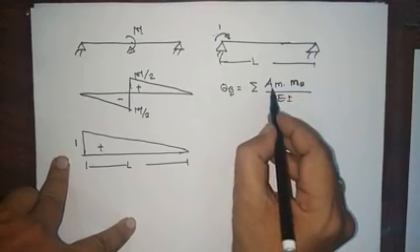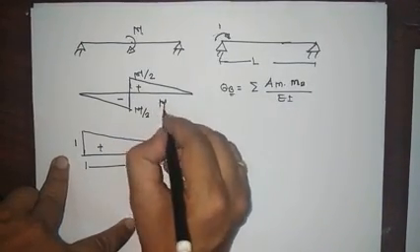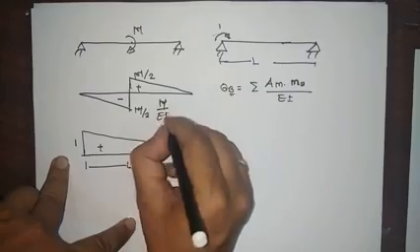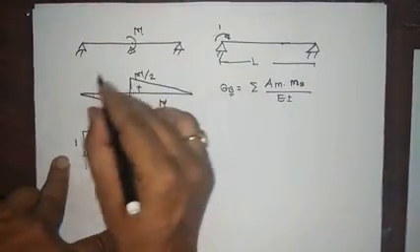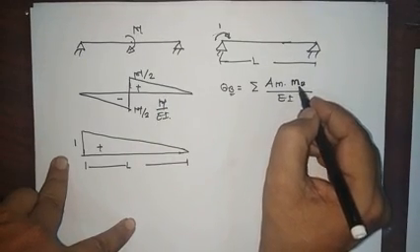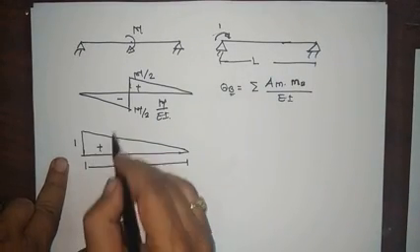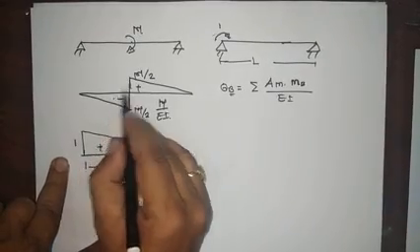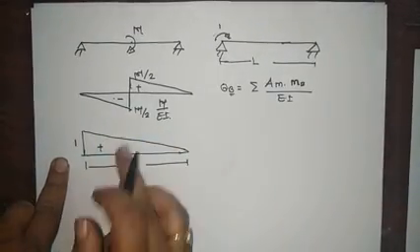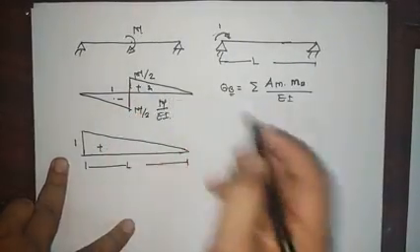It means the area of the bending moment diagram, which we also call the M by EI diagram, so area of this M by EI diagram into the ordinate of m diagram at the centroid of this M by EI diagram. So here is diagram 1 and diagram 2.